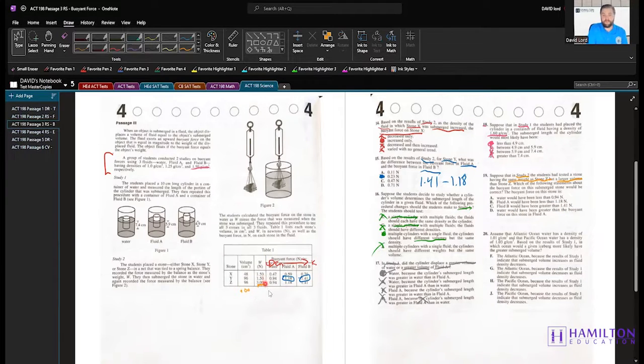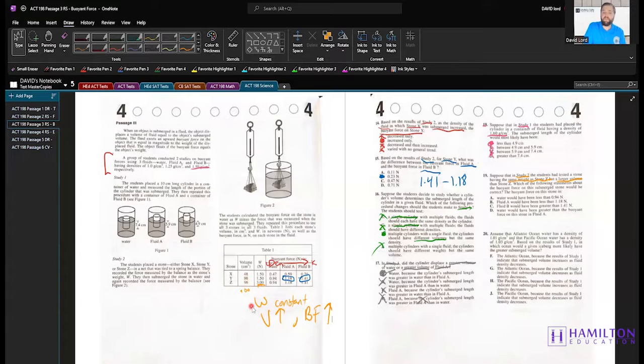So we can't really determine going off of this alone because there are some changes, but there are some things that are held constant. If you compare stone X with stone Y, they have the same weight, but different volumes. The volume increased. Looking at those, I can see that the buoyant force for each of them increased. So when weight is constant and volume increases, then the buoyant force increases.